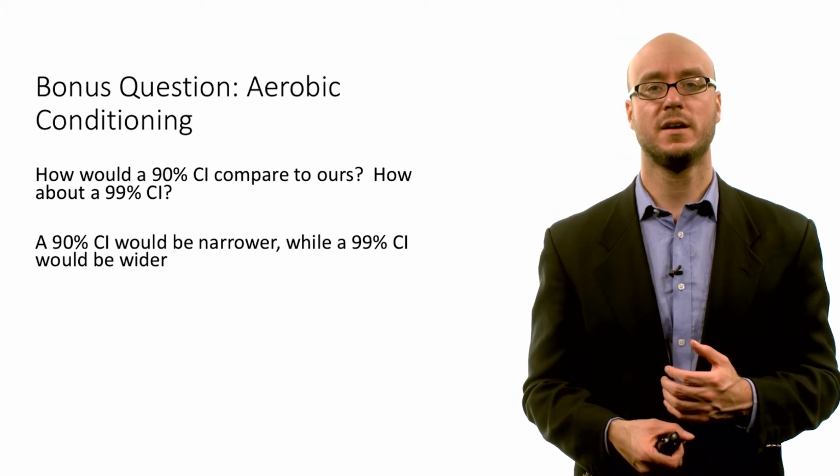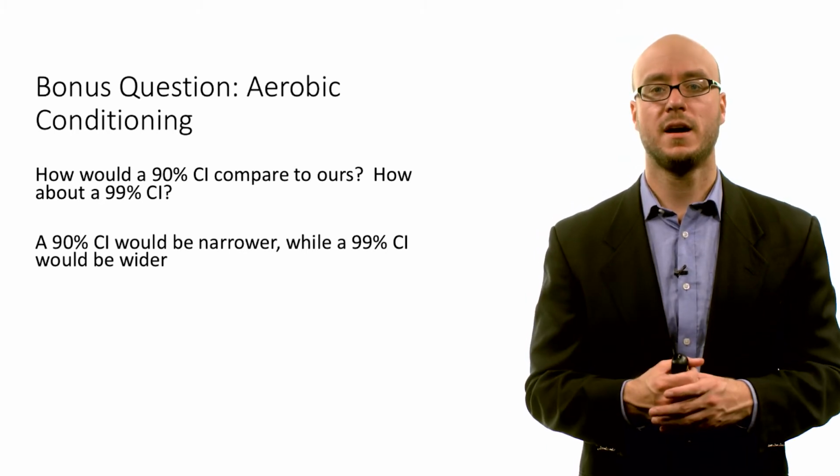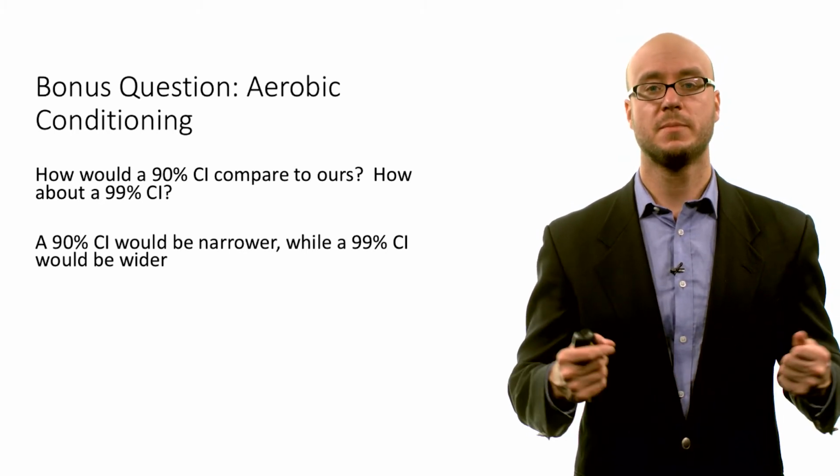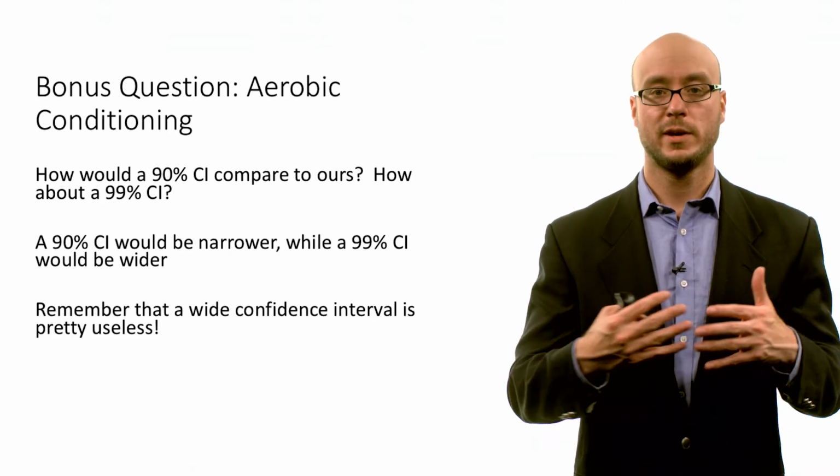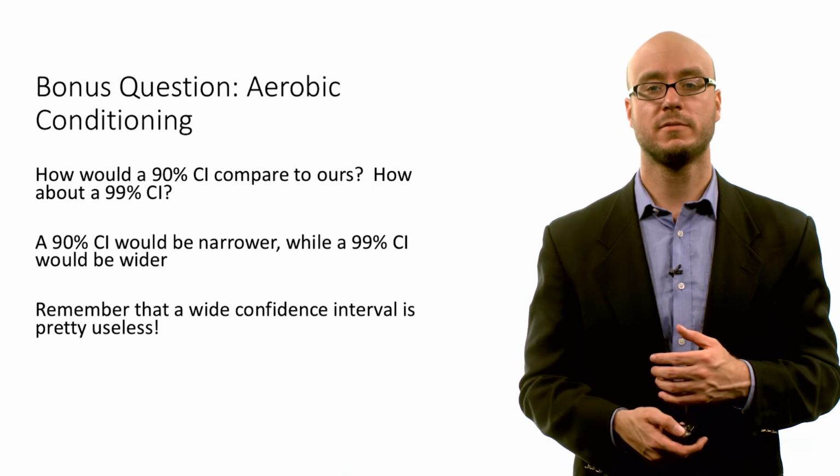How would a 99% confidence interval? Well, a 90% confidence interval would be narrower, while a 99% confidence interval would be wider. So we can alter our consideration based on the level of confidence. The key point is that in this case, with a 95% confidence interval, we in fact reject the null hypothesis.